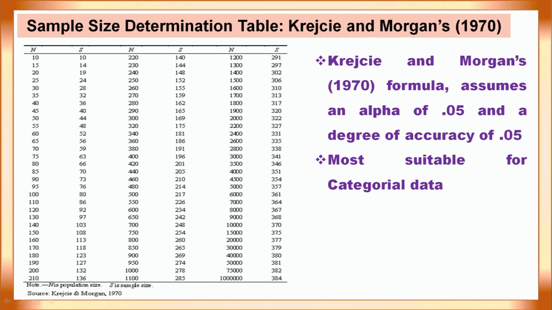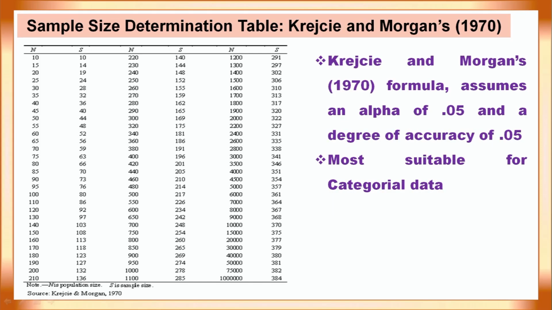Now, in the Krejcie and Morgan table, if you look minutely, you will find for the population size up to 10 lakh, after 75,000 it is 382, and if the population size is 10 lakh, your sample size of 384 will be sufficient, and we arrive at that sample size using the Cochran formula also, for the categorical data.